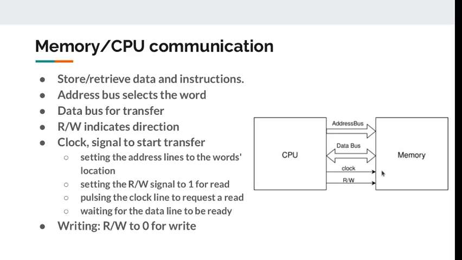You push the clock and request that read, and you wait for the line to be ready with the data that you required. And if you want to write, you just set this to 0. You have to set an address to write to, and it's the same. So in this case, the CPU is going to provide the data to the data bus.